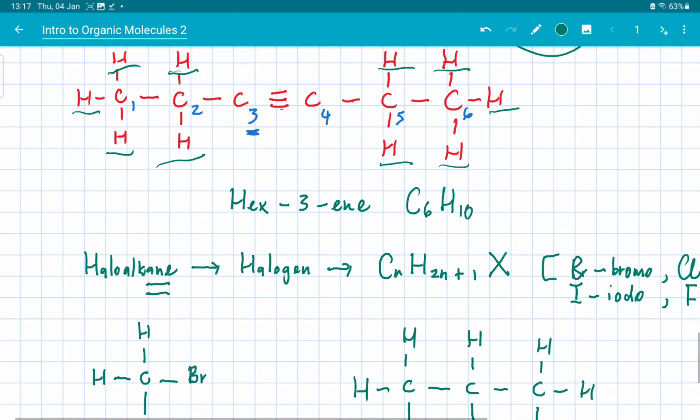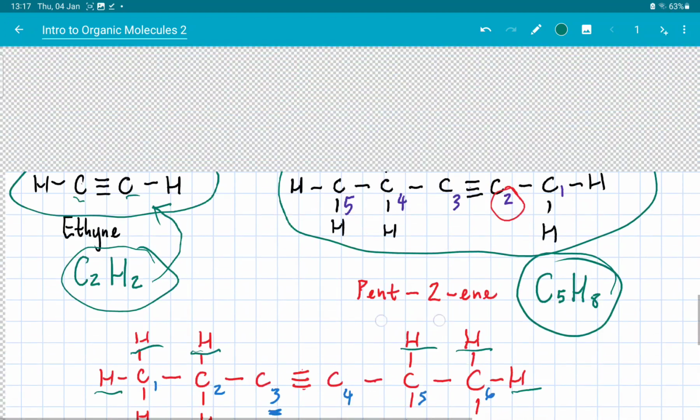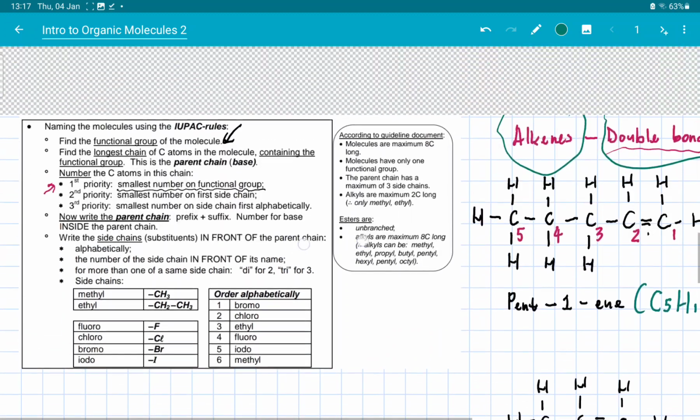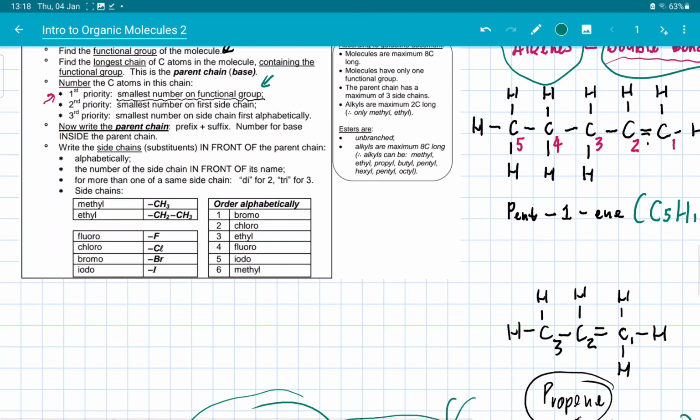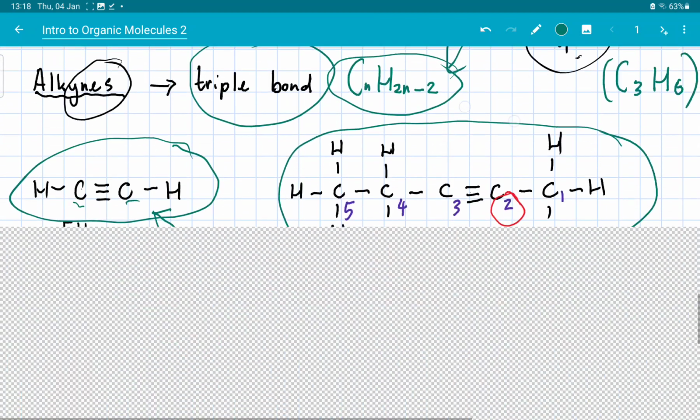So let's go back to the rules. Rules again, priority number 1, the smallest number on the functional group. Now I happen to have 1 carbon here. I feel like I don't have to emphasize that rule thus far.